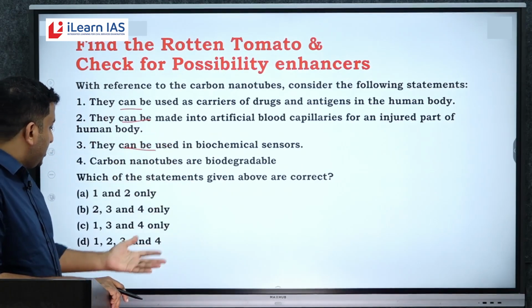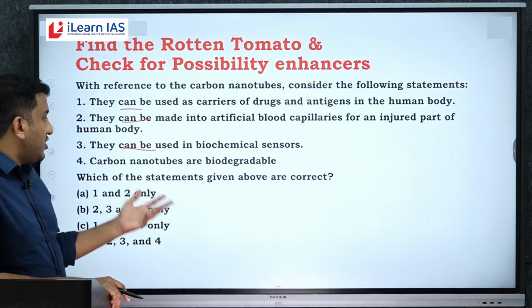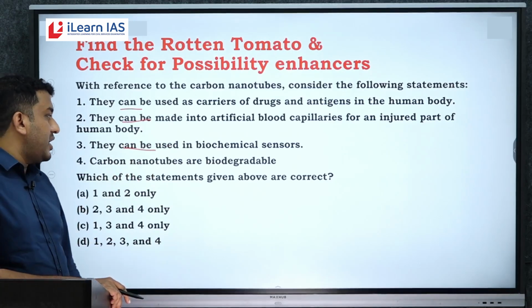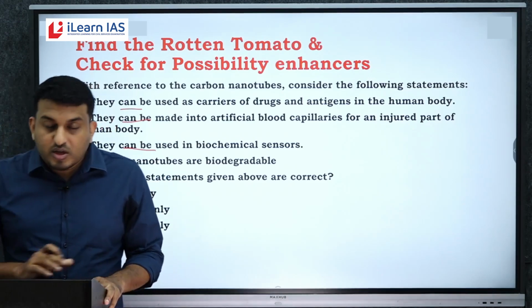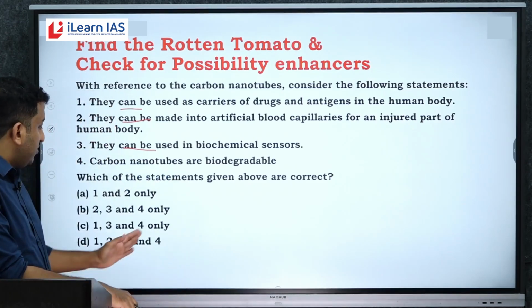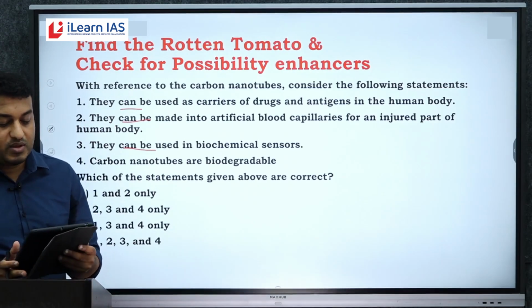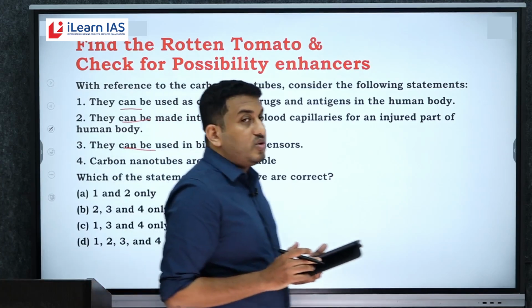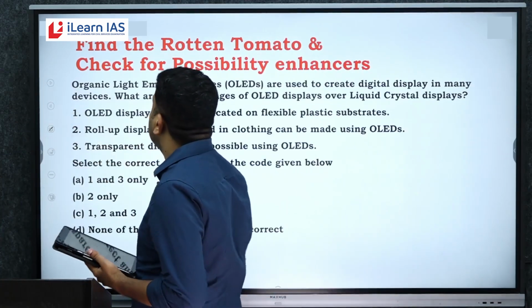So the only option that matches is D, 1, 2, 3 and 4. Even if you are not sure about the fourth statement, carbon nanotubes are biodegradable, you can actually arrive at the right answer. So the answer here is D, 1, 2, 3 and 4.